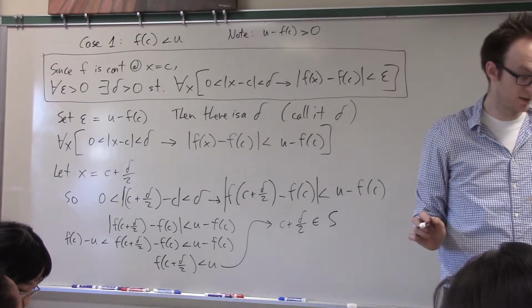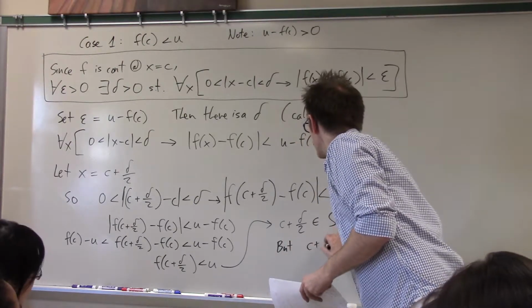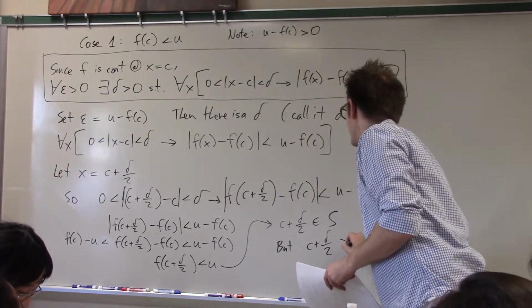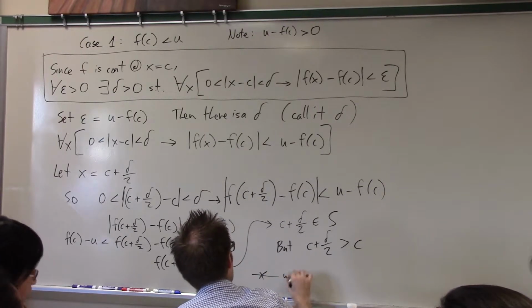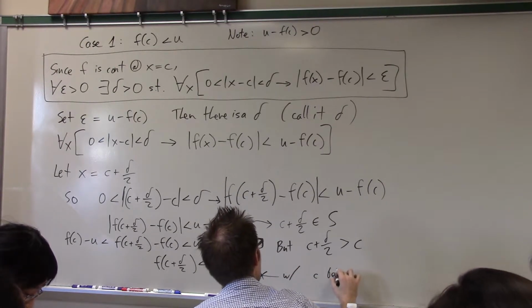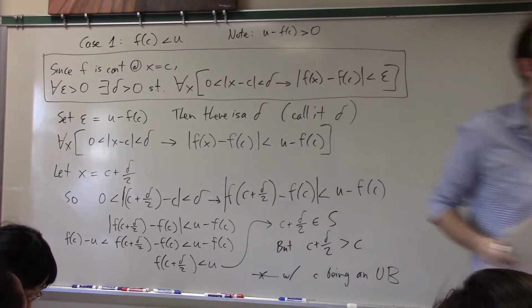Then c isn't an upper bound. But of course, this is a contradiction, because c plus delta over 2 is bigger than c, so this is a contradiction with c being an upper bound of S.